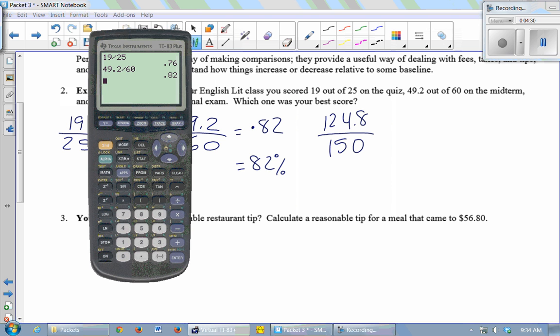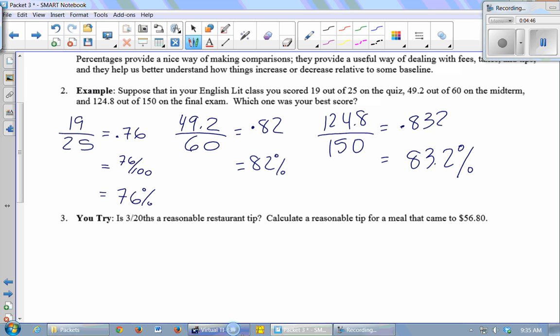And then 124.8 over 150 as a decimal is 0.832, which converts to 83.2% with the decimal 2 to the right. All right, so which is your best score? The last one, the 124.8 out of 150 on the final exam. Convert them all to percentages just to make them easy to compare.